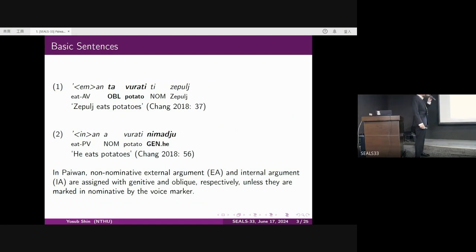On the other hand, in the case of the non-nominative external arguments and the internal arguments, they are basically regularly assigned these kinds of genitive case and oblique case, respectively.